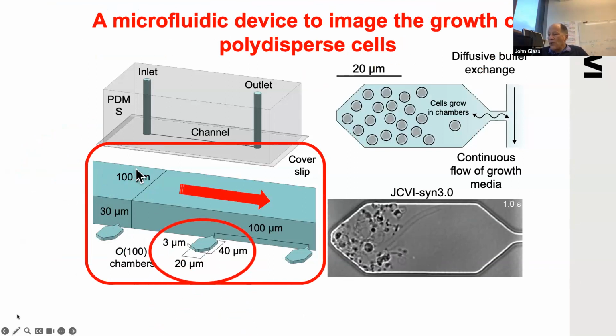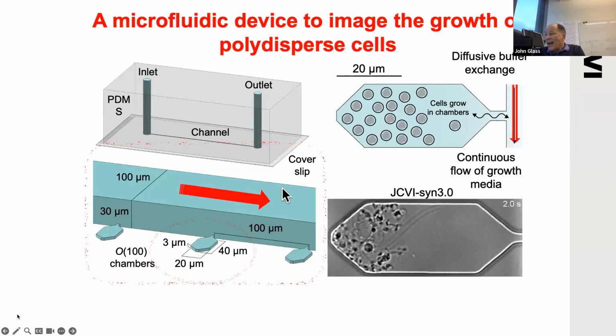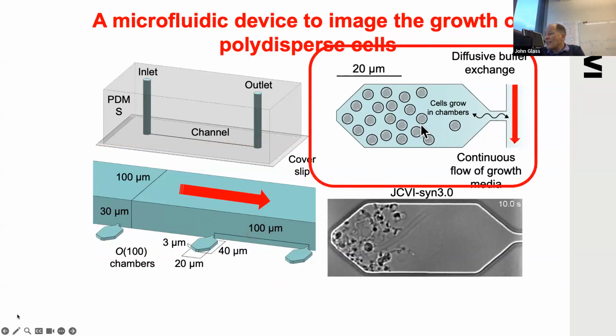And we flow cells through the channel and a small number that are in growth medium. What we hope to do is get one cell per chamber. And we're pushing fluid through here, comes through the channel and out. And the idea then is if you can get one cell in the chamber, we can do video micrographs to see how the cells grow and what's really going on.